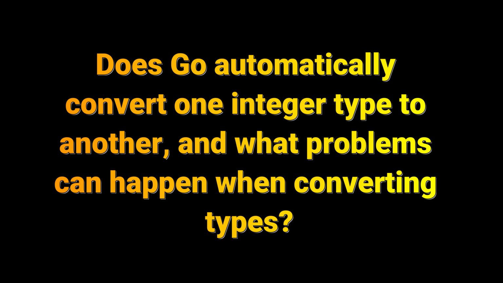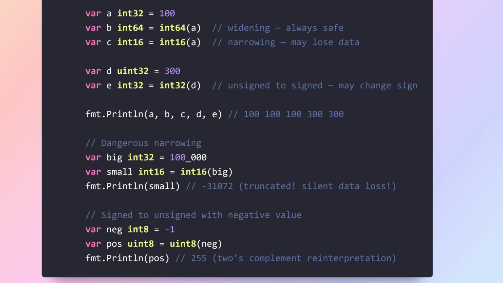Question: does Go automatically convert one integer type to another, and what problems can happen when converting types? Answer: no, Go does not automatically convert between integer types. You must write the conversion yourself. For example, you can convert int32 to int64, and this is usually safe because the larger type can store all values of the smaller type. But if you convert from a larger type to a smaller type, like int32 to int16, you may lose data.